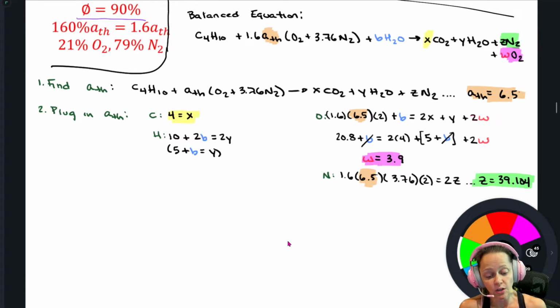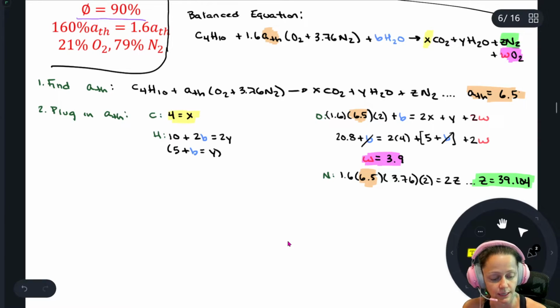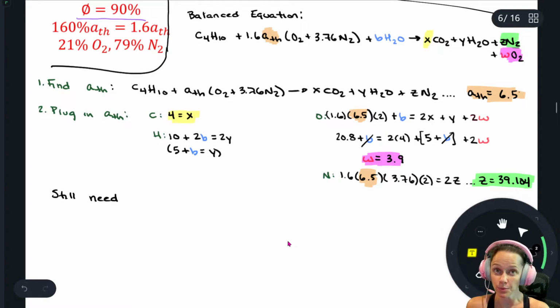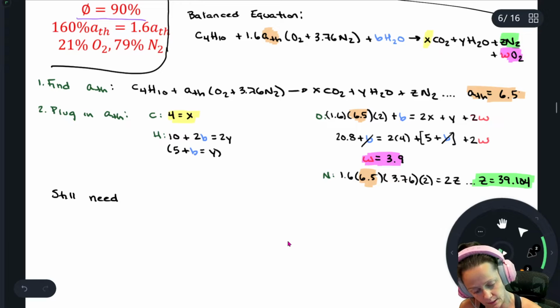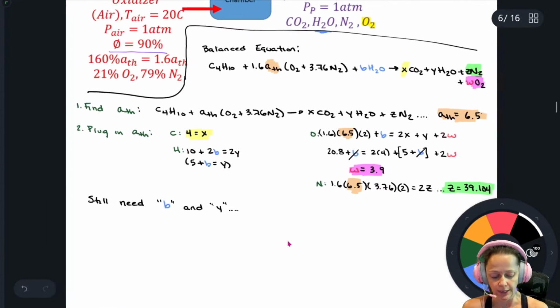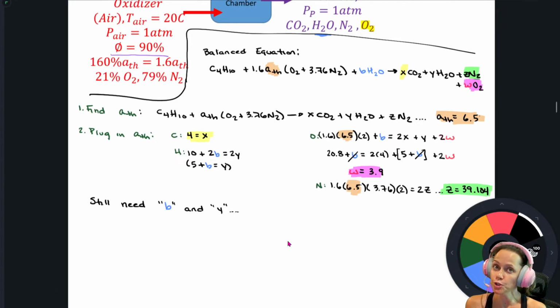So I'm pretty good. The only unknowns that I need to get, that my mole balance didn't really help me with, are B and Y. All right. So here I'm going to look to my relative humidity because I haven't really used him yet.